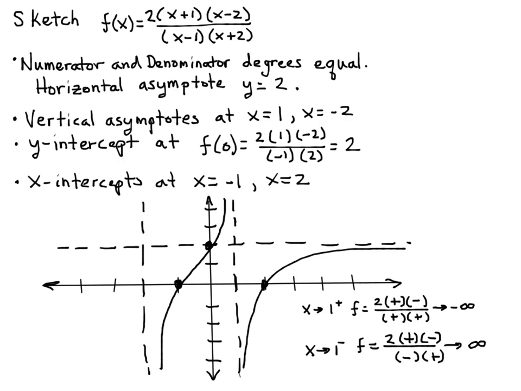And so we're going to start way up at infinity, come down, go through the y-axis, go through the x-axis at our intercept, and then it's going to go to negative infinity as we approach the other asymptote. So as x goes to negative 2, from the negative side now, we see that this is going to go up to infinity. And so we can make a pretty reasonable conclusion that we have something that looks of that shape.